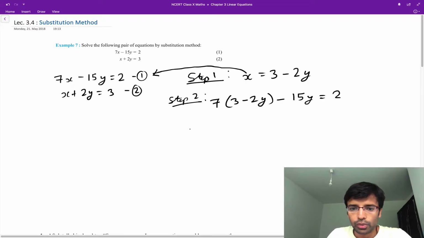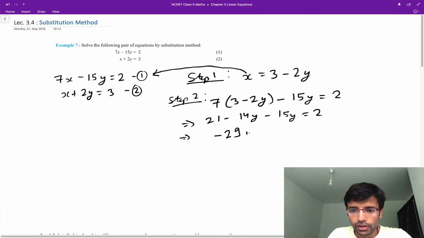This will be equal to 2. And now we'll just solve this. 21 minus 14y minus 15y is equal to 2. So we have 14 plus 15, 29, minus 29y is equal to minus 19. Therefore, we have y as 19 by 29.